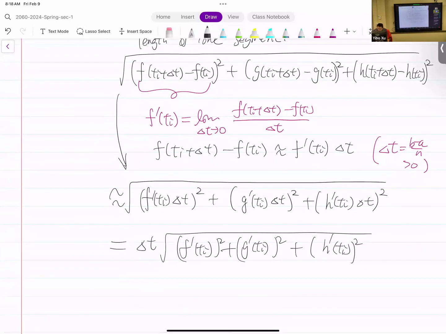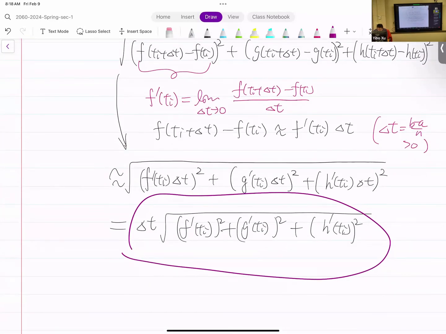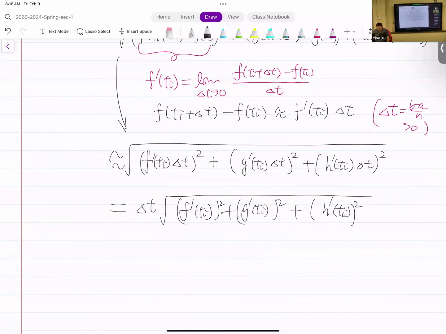And now you see, this expression pretty much is what we want. So delta t, in the Riemann sum, will become dt. So f prime t_i, g prime t_i, h prime t_i will eventually become just f prime of t, g prime of t, h prime of t. The functional values at the sample point, but the sample point here is just t_i. It's just the starting point of the i-th interval.